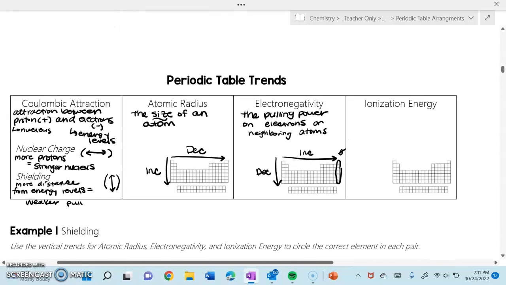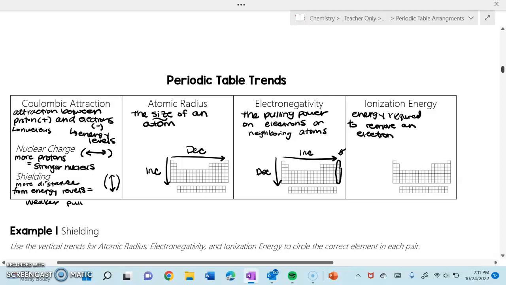Okay, our last trend is ionization energy. And we define ionization energy as the energy required to remove an electron.